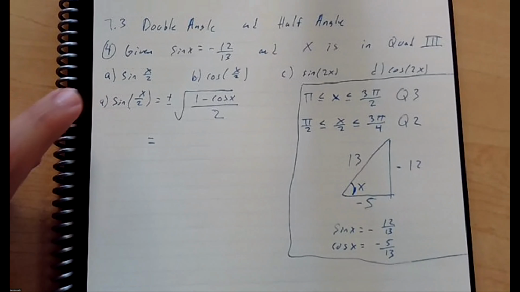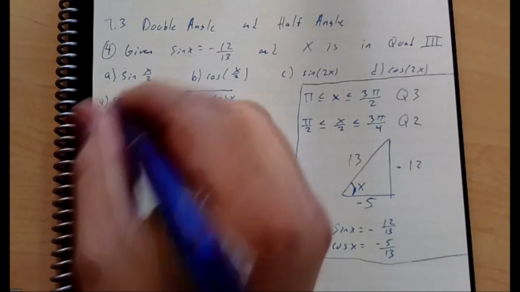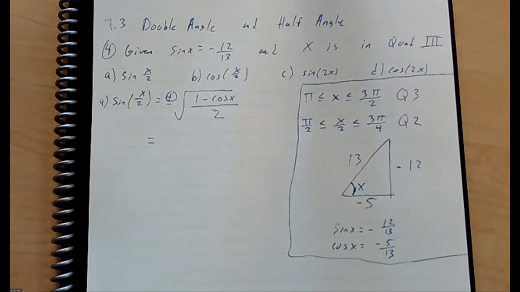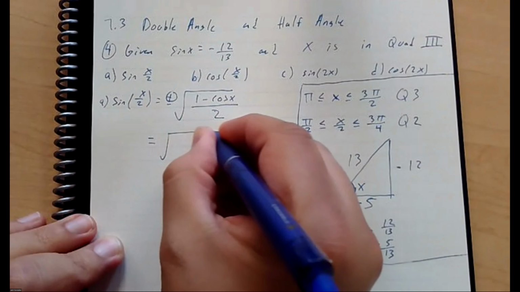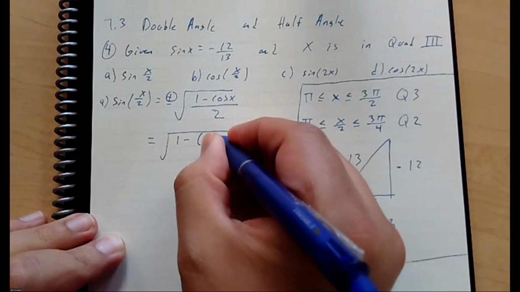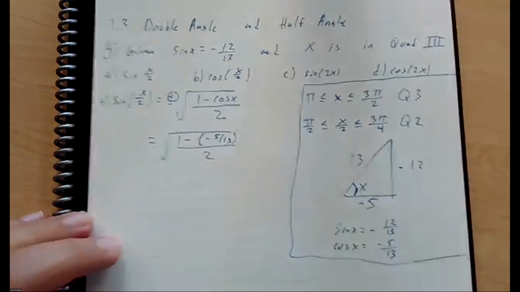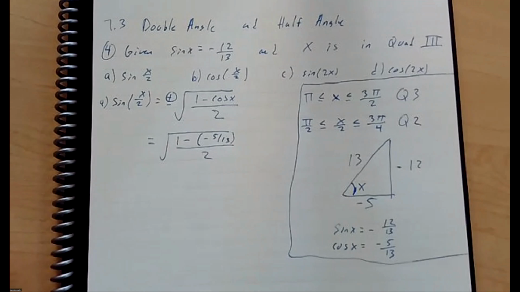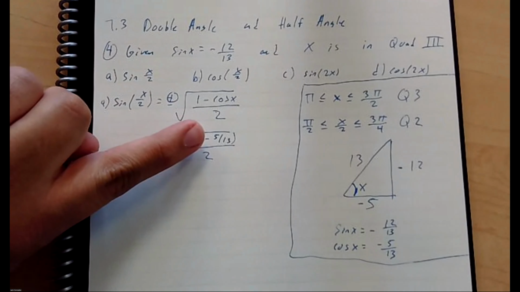So in x over 2, is sine positive or negative? Positive, right? So we choose the plus. Okay, so we're going to get 1 minus negative 5/13. That makes sense? So we chose this sign, and then we had that sign chosen too.